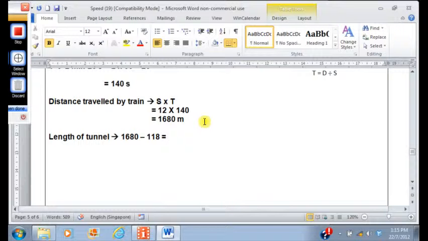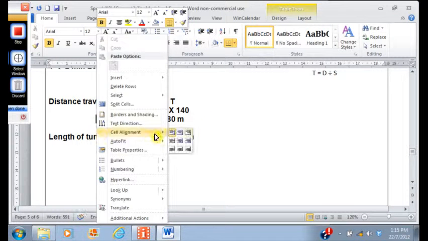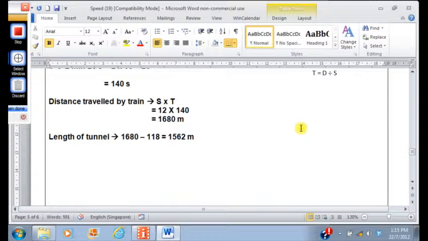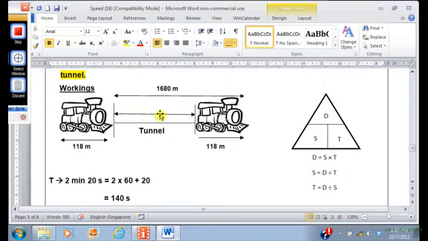If you use your calculator, you should be able to get the answer as 1562 meters. So this length of tunnel will be 1680 minus 118.